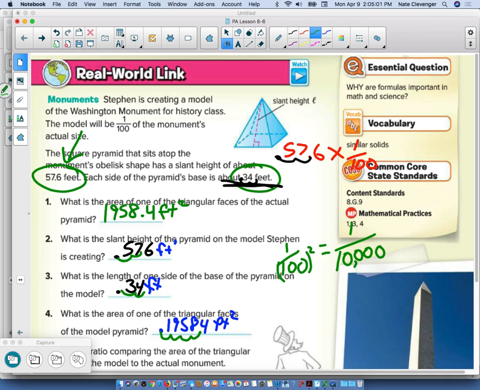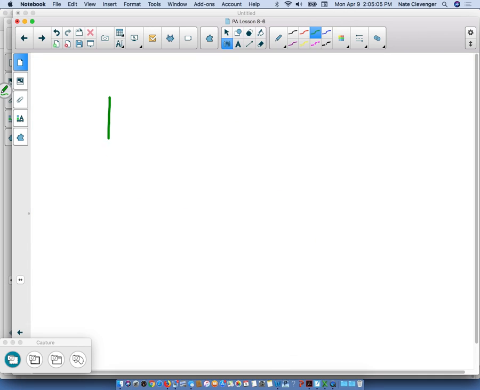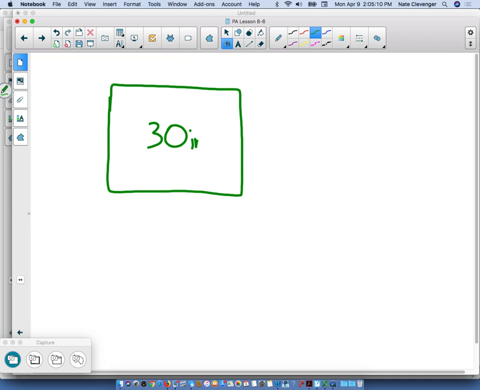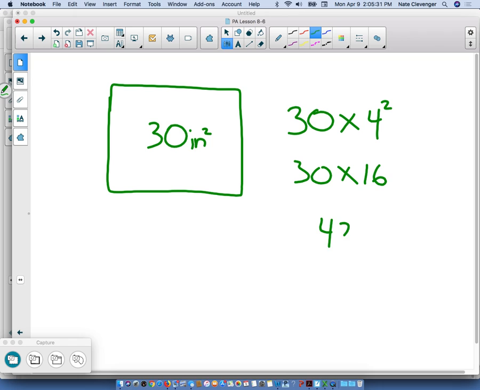So when we converted area in the past, we had the problem with the house and the porch on the front and the back, and then we had the garden and all that kind of stuff. If we had an area given to us, say this is 30 inches squared, if I were to want to enlarge that by 4 times, I took 30 times the scale factor of 4, but I had to square it. Okay, making that 30 times 16 instead, so we give that to be 420 inches squared.